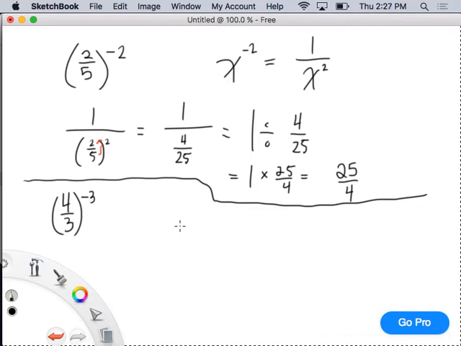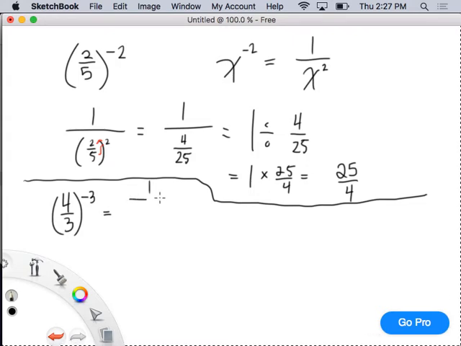Give you 20 more seconds. Okay. 4/3 to the negative 3.